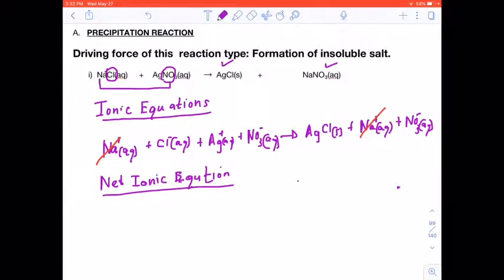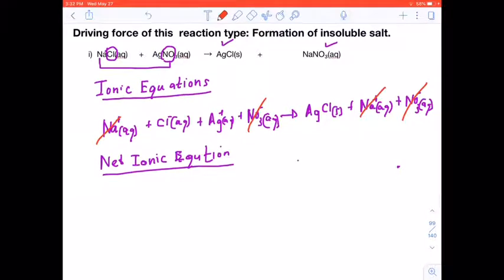So we've got nitrate here, and we've got nitrate there. When we look at this now, the sodium ion and the nitrate ion are referred to as spectator ions.